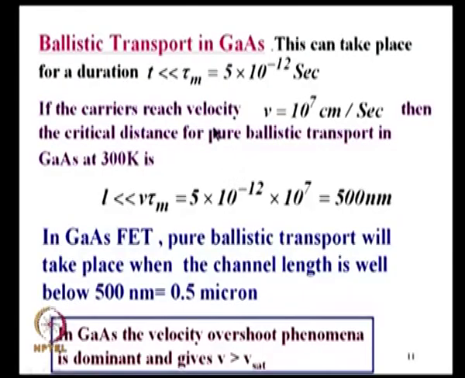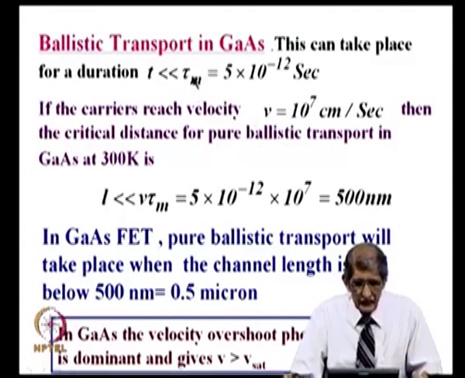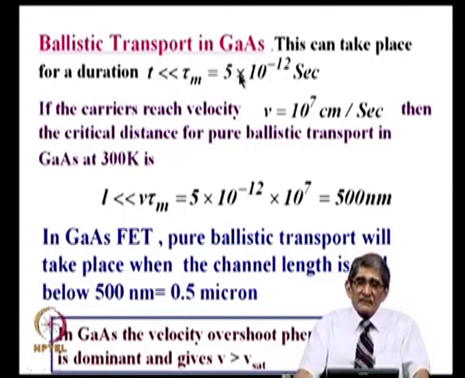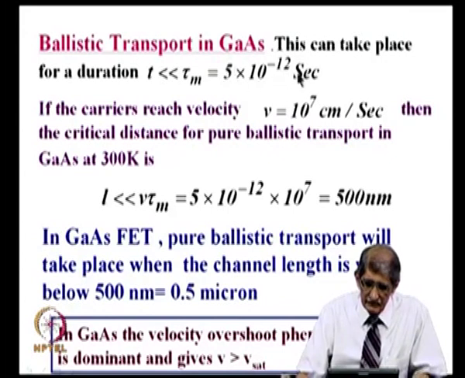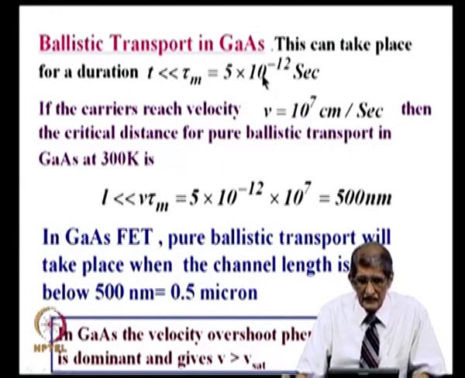That is not possible. If you take gallium arsenide, again the simulation results have shown that the collision time there is 5 picoseconds, much larger. So, if the velocity is 10 to the power 7, I am taking the maximum velocity, the length travelled by the electrons before the collision has taken place is velocity into this time, that is 500 nanometers.